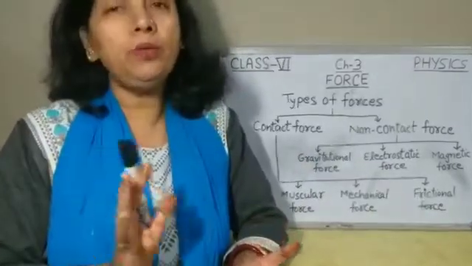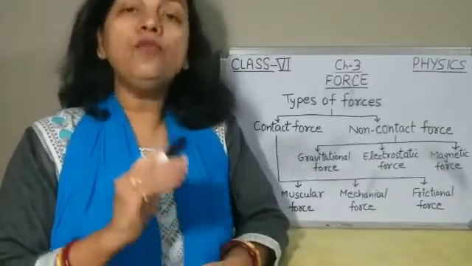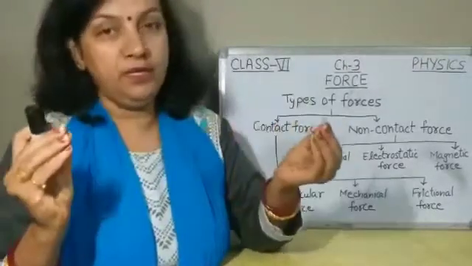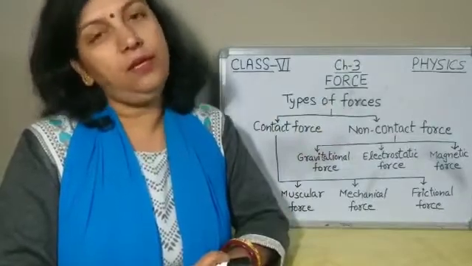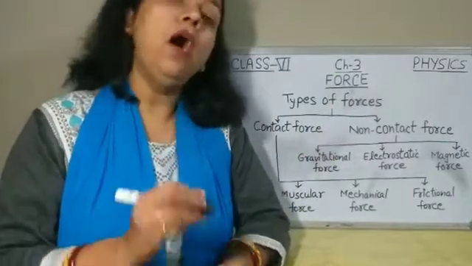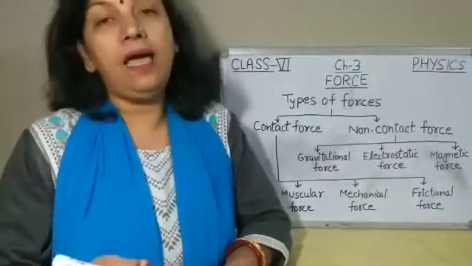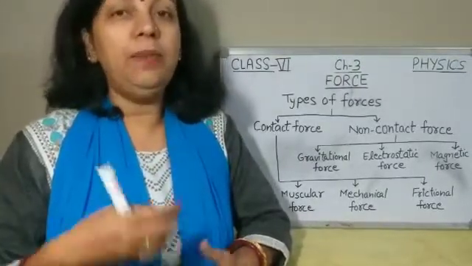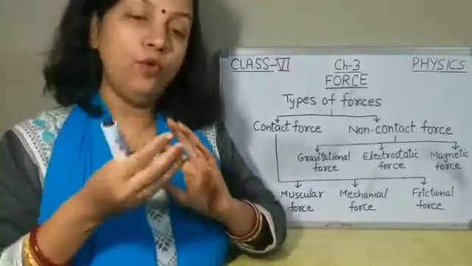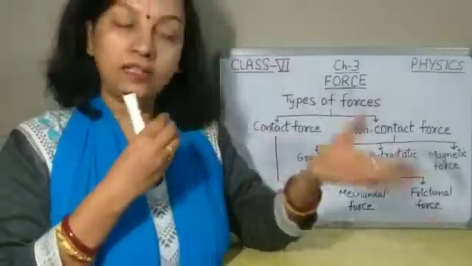Now the third one is magnetic force. You all know about the magnetic force. The force of attraction or repulsion exerted by a magnet is known as magnetic force. Now you know all the magnetic materials like iron and nickel are attracted towards the magnet. A magnet also exerts a force on another magnet.